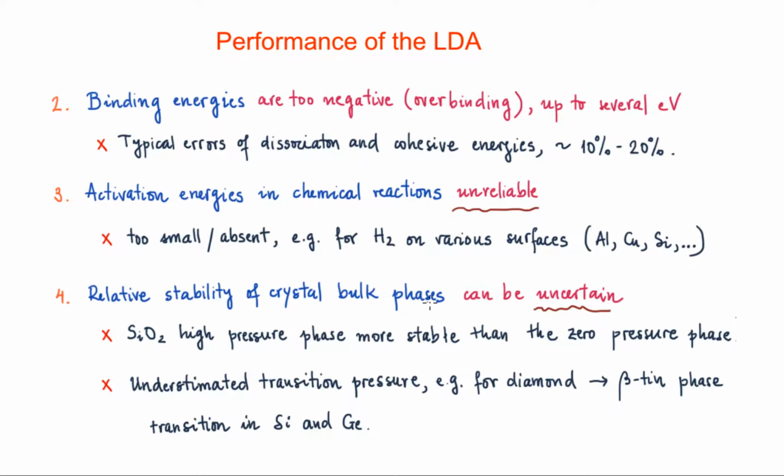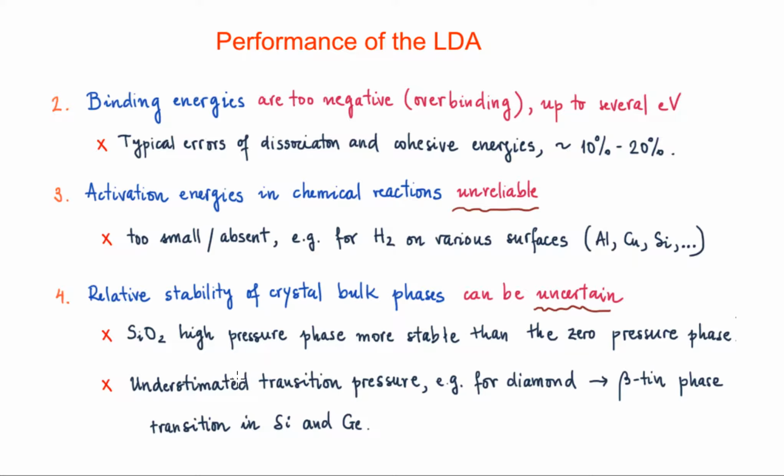But the energy difference between these different phases is sometimes so small that the calculations done within the LDA are not accurate enough to give a good relative stability. For example, the high pressure phase of silica is more stable within the LDA than the one that happens experimentally at zero pressure.